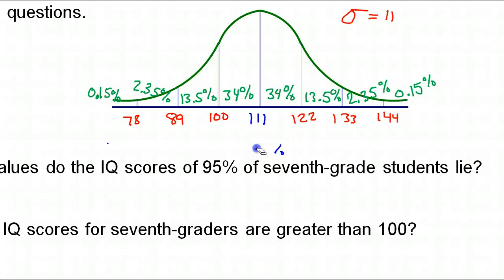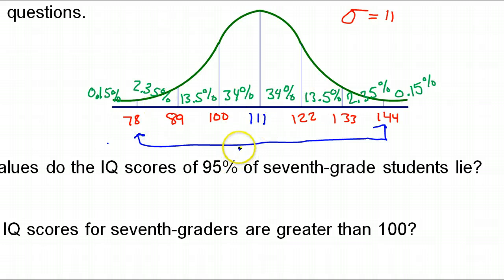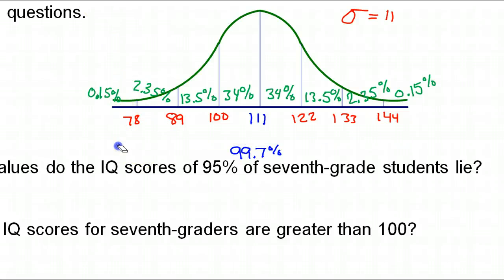If you go 3 standard deviations in both directions, now that's taking you all the way to here. That's going to capture 99.7% of the data. So they're asking about 95%, but we know that's 2 standard deviations in both directions.